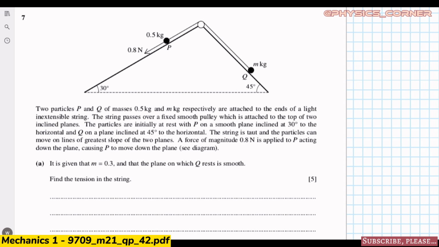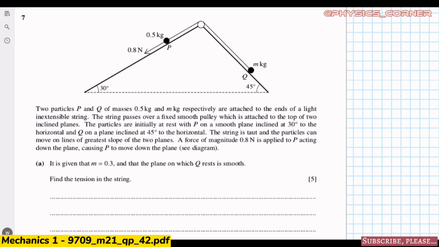The particles are initially at rest with P on the smooth plane inclined at 30 degrees to the horizontal, and Q on a plane inclined at 45 degrees to the horizontal. The string is taut and the particles can move on lines of greatest slope of the two planes.